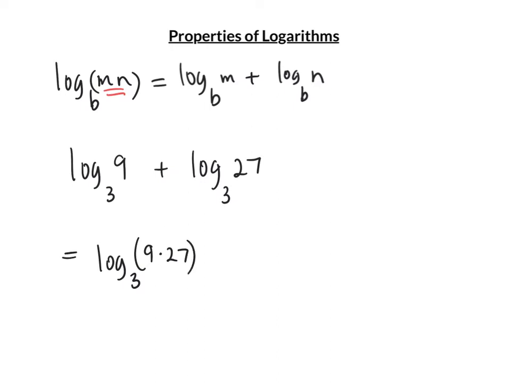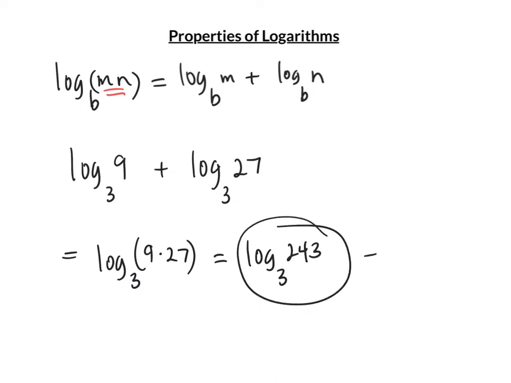9 times 27 is 243. This is the log base 3 of 243. And that might be your answer. Now, notice 3 to some power is 243. That would be 5. 3 to the 5th power is 243.